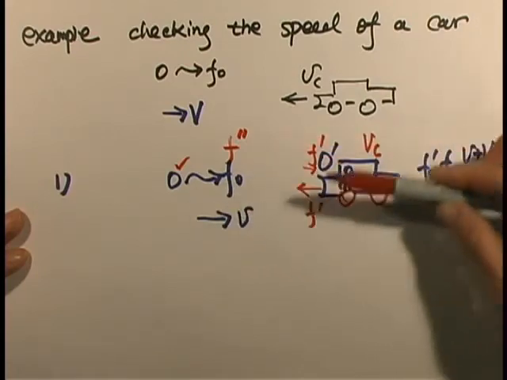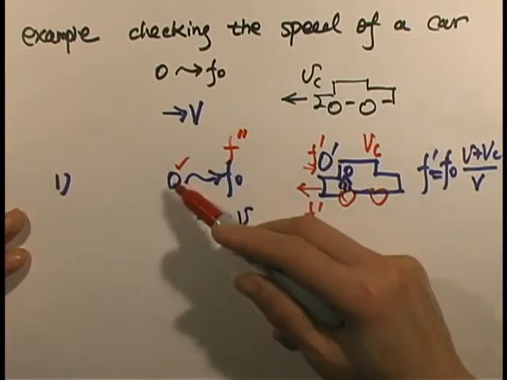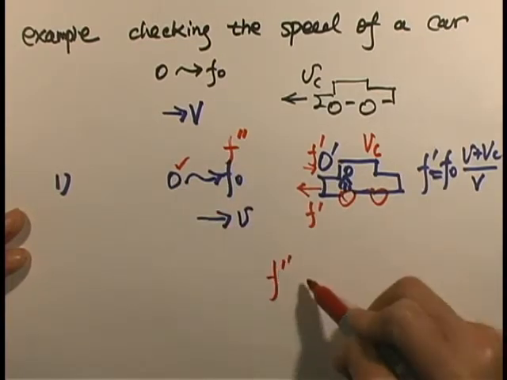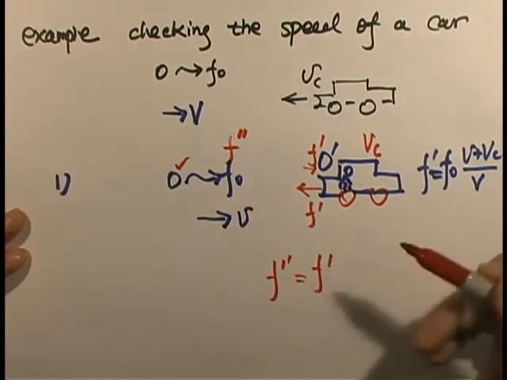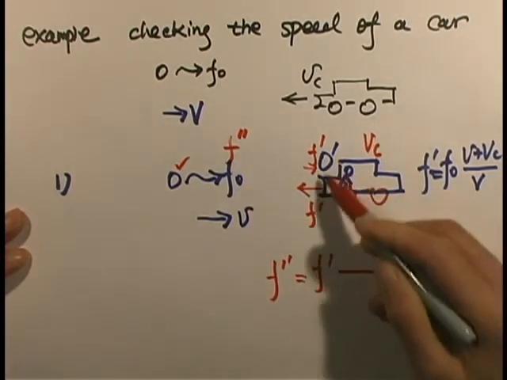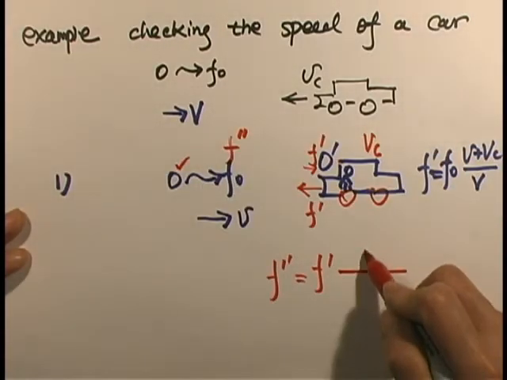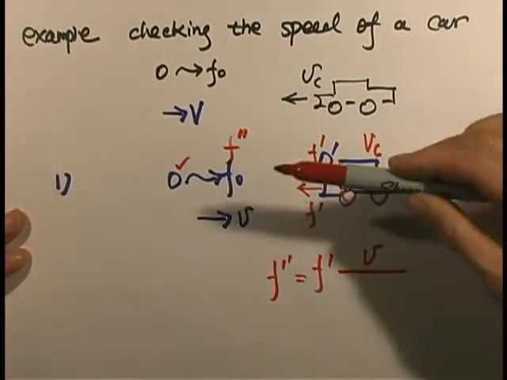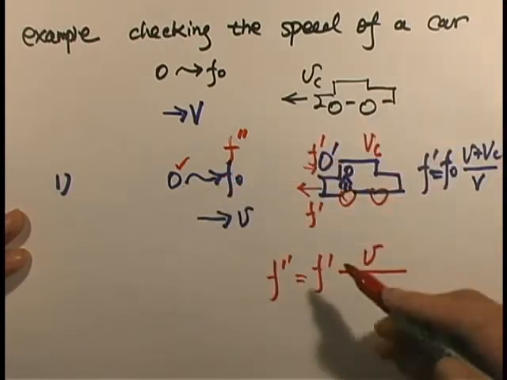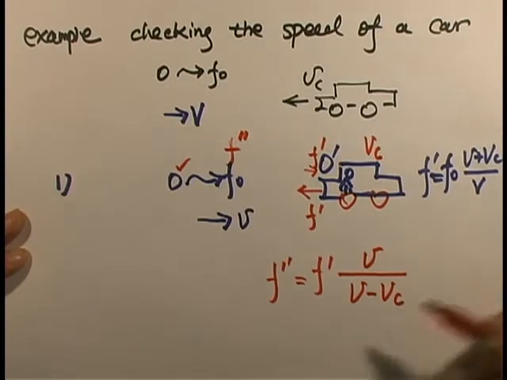But the source, the car, is moving towards the observer, so the new frequency is based on the frequency sent by the car. The car is the source right now. Source moves towards, observer does not move, so you receive a higher frequency and you choose minus. Minus what? The source is the car.